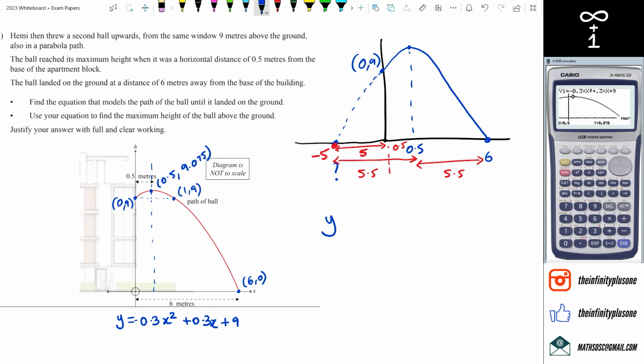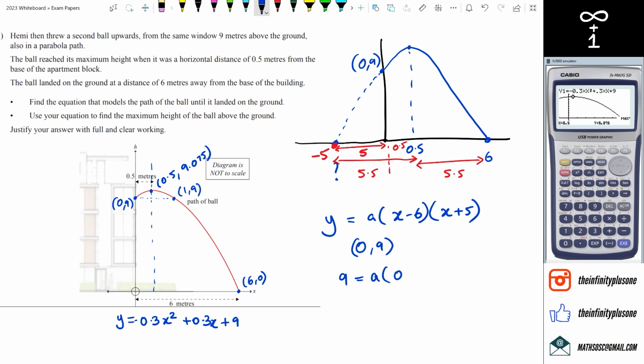So we can write this equation as y is equal to k, because we don't know what the a value is. You could put it as a if you want, it doesn't really matter. We've got (x minus 6) and (x plus 5). So this is our equation that we're going to work with. Now we need to figure out what that a value is. But we do have a point, which is (0, 9), and we're going to substitute it in.